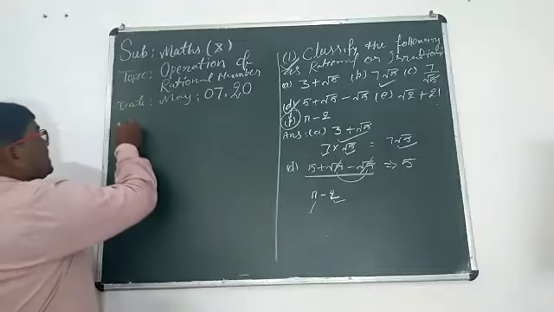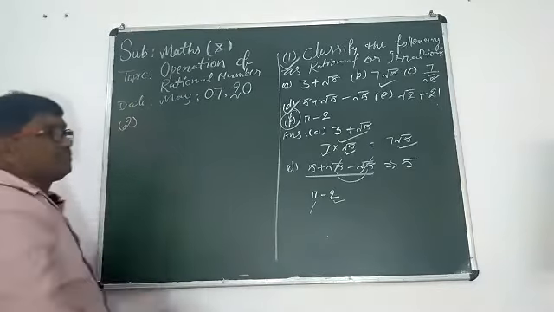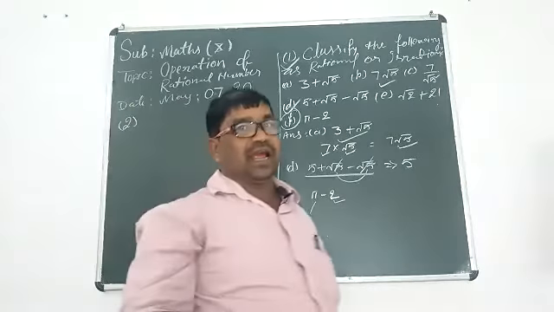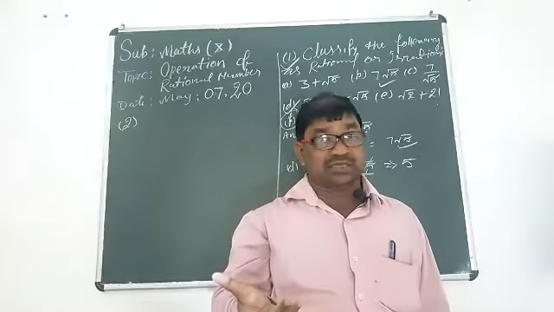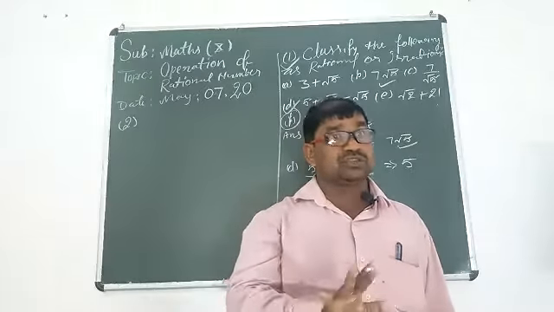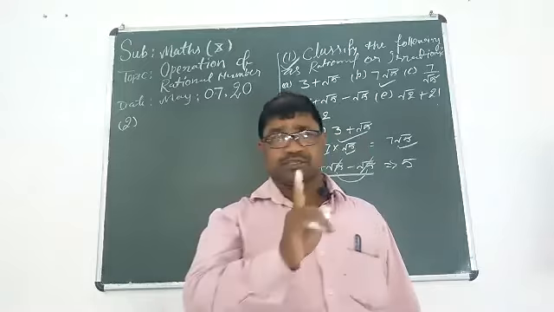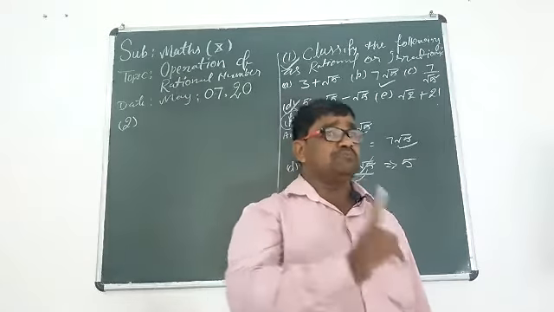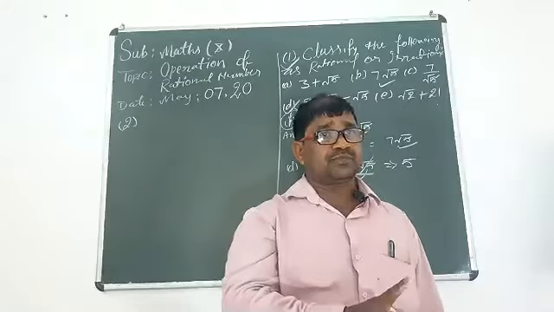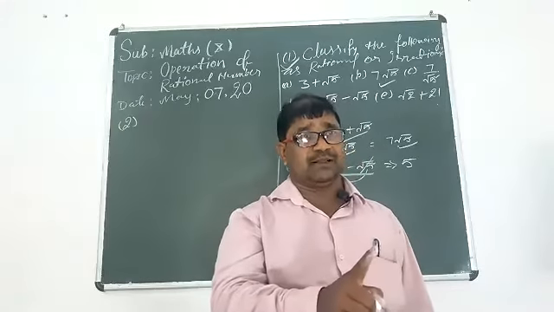Now, second type of question. Do you have sufficient idea how you can classify whether the given number is rational or irrational? First principle you should mind: we simplify the given sum if possible.